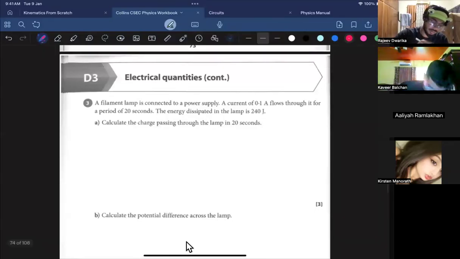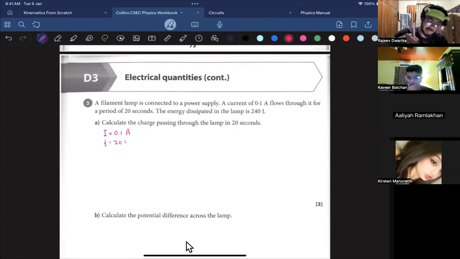What was the current? 0.1 amps. Then they gave time, which is 20 seconds. And they give you energy, which is 240 joules.